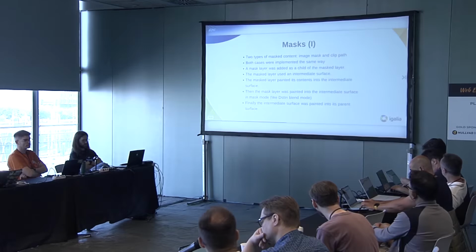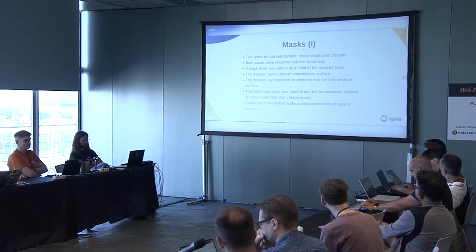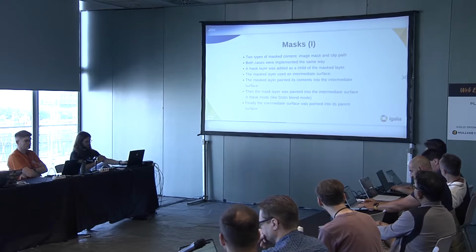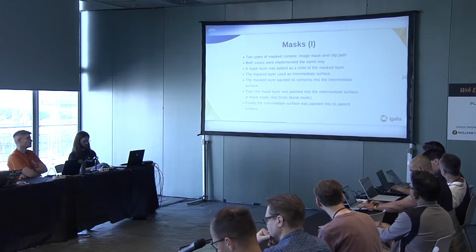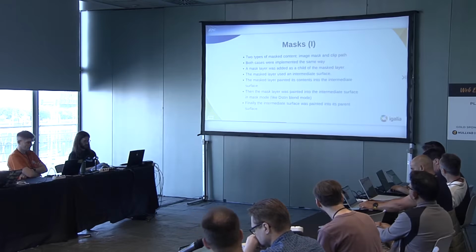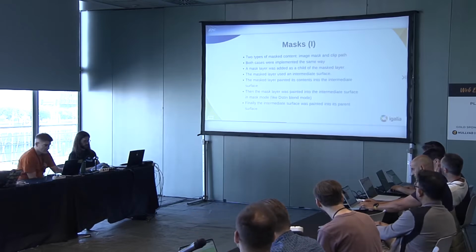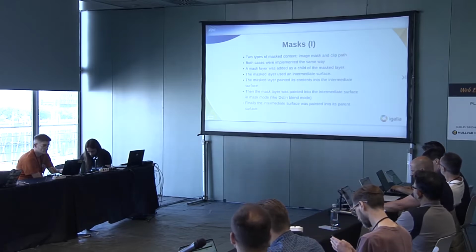So even when we had a clip path, we ended up with an image representing this clip path to be applied as an image mask. So we had the mask layer that was added as a child of the masked layer. Then the masked layer needed an intermediate surface to paint the layer contents first, and then the mask layer contents on top using a mask mode that we had in TextureMapper that was similar to the testing blend mode. And finally, the intermediate surface was painted back into its parent surface.